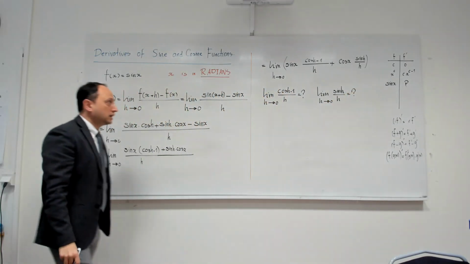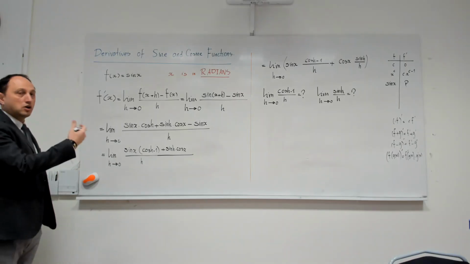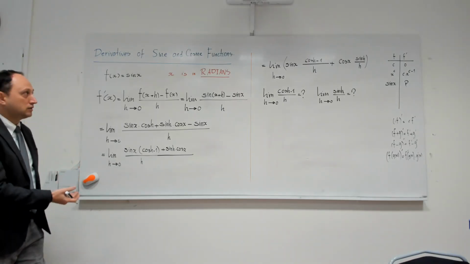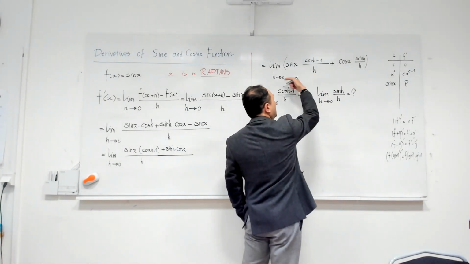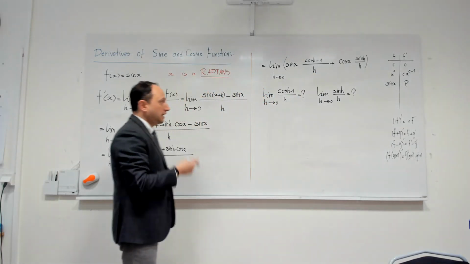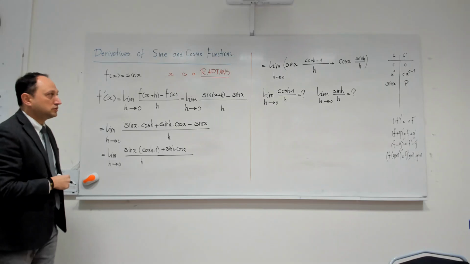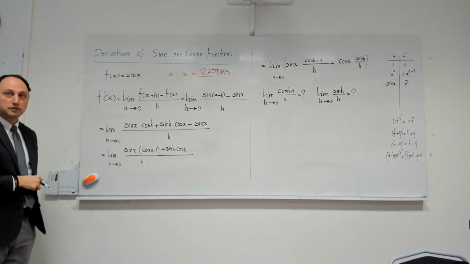These limits are numbers at the end. If I find the correct numbers and put them back here, then I am done. And this is exactly the part that I told you that we cannot do rigorously here.